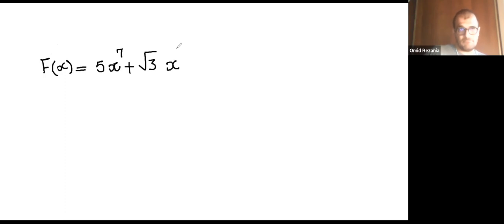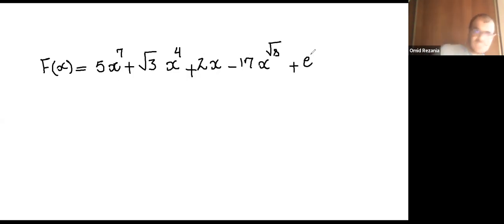I'm going to say, for example, the function f of x, which is a transformation of one single variable, is 5 times x to the power 7 plus square root of 3 times x to the power, let's say, 4 plus 2 to the power x minus 17 times x to the power of, let's say, square root of 8 plus the natural number e. That's going to be an example.